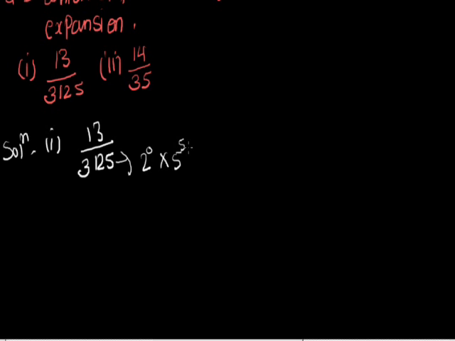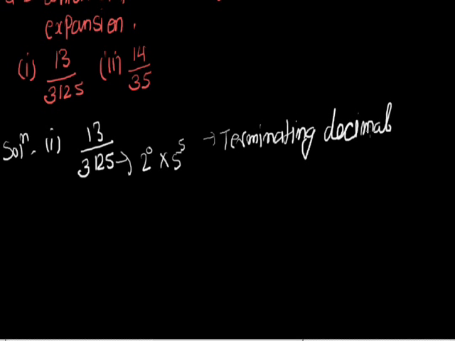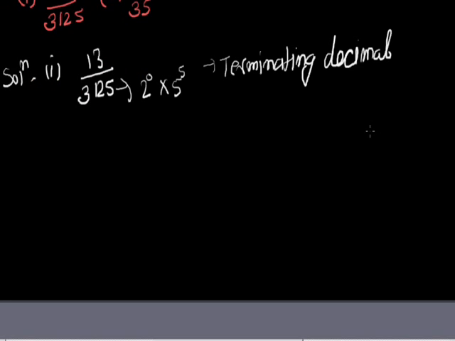That means the prime factorization of the denominator is of the form 2 and 5, so the decimal expansion of this number is terminating.